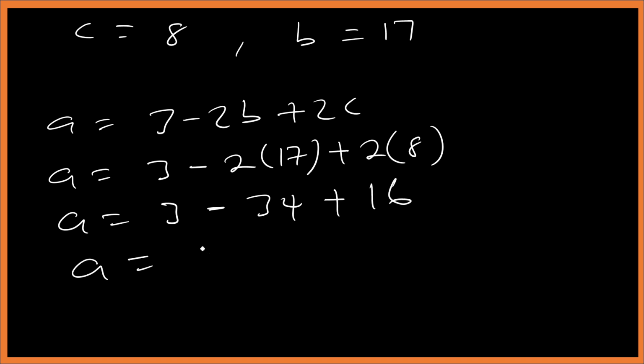So we have 19 minus 34. So that would be minus 15. Therefore, a is minus 15. Okay, so that's that. So we have a, b, and c.